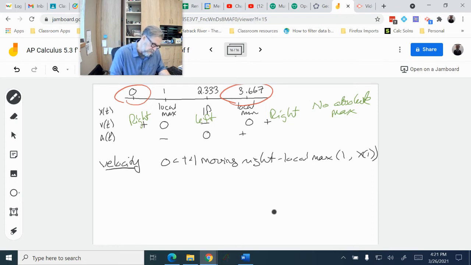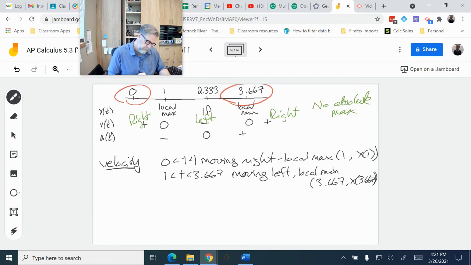We know that from 1 to 3.667, the particle is moving left, and it reaches a local min at 3.667 comma x of 3.667. And we know that for t greater than 3.667, it's moving right.